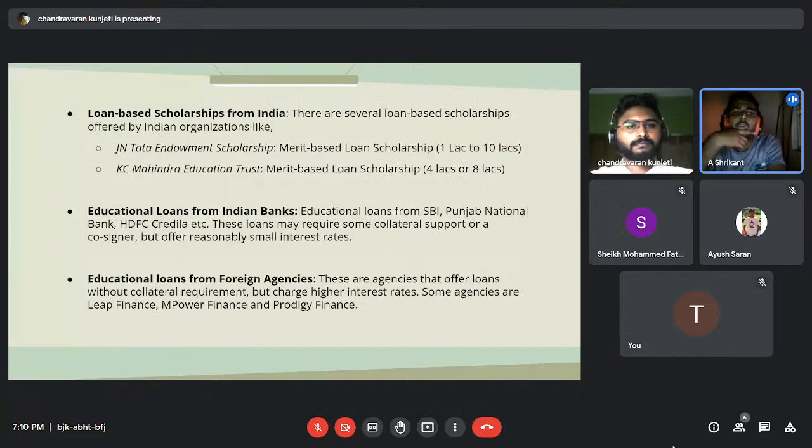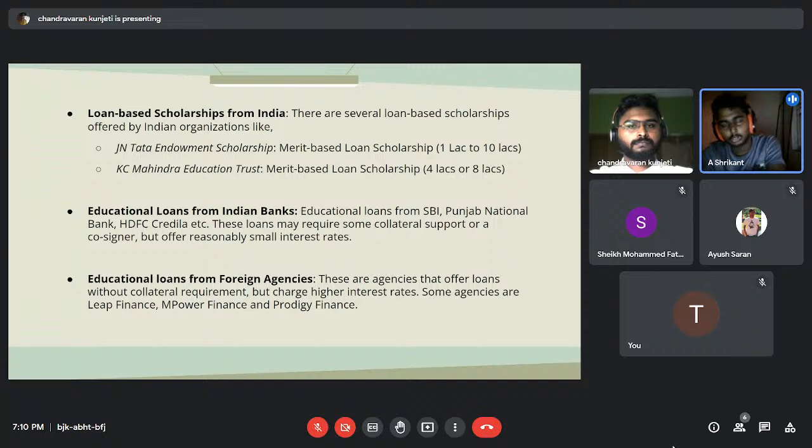Then there are some loan-based scholarships from India. You might find a lot of them. I have only included two, because they were very easy to get information about. There are Indian organizations like the JN Tata Endowment Scholarship, where there is a merit-based loan scholarship from 1 lakh to 10 lakh.